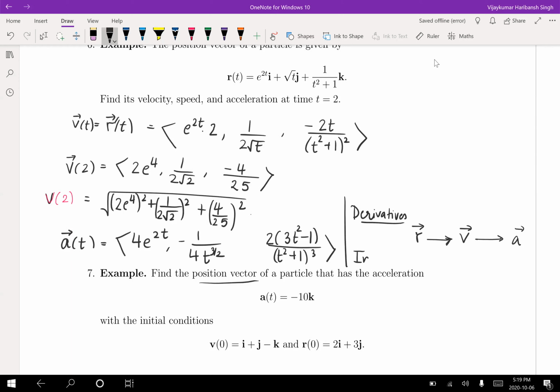And with integration, from a you integrate to get v, and from there you can integrate to get r.